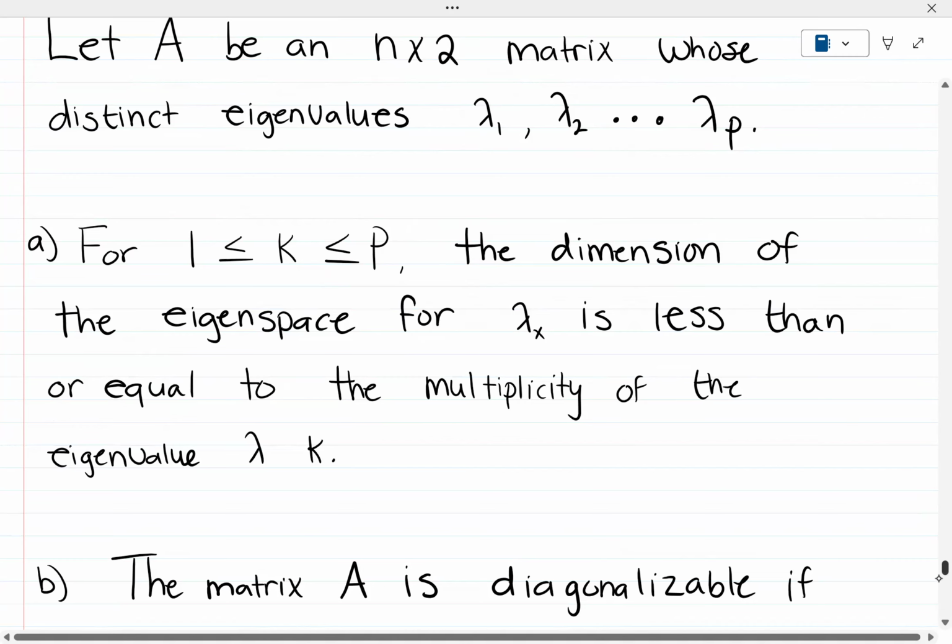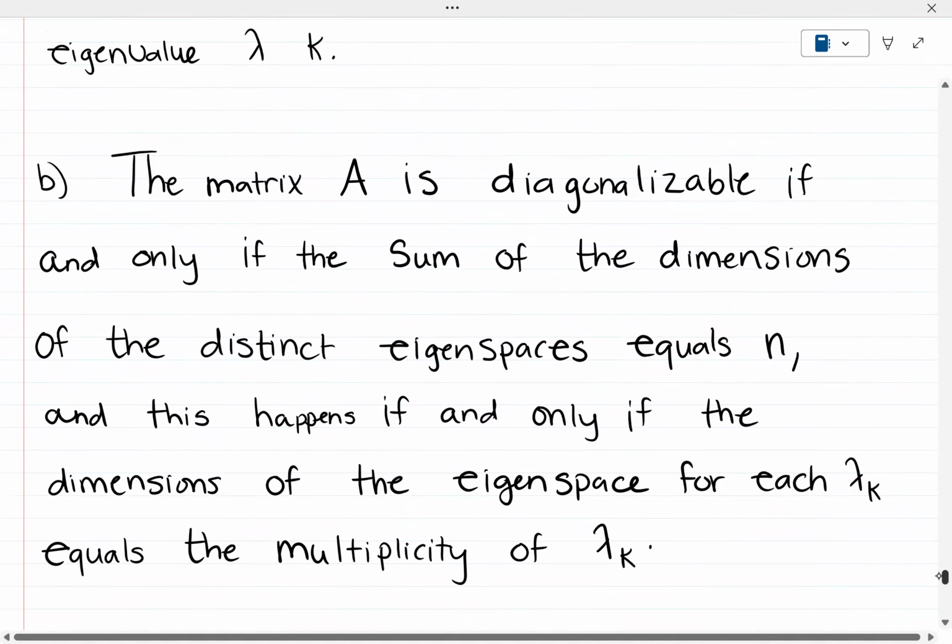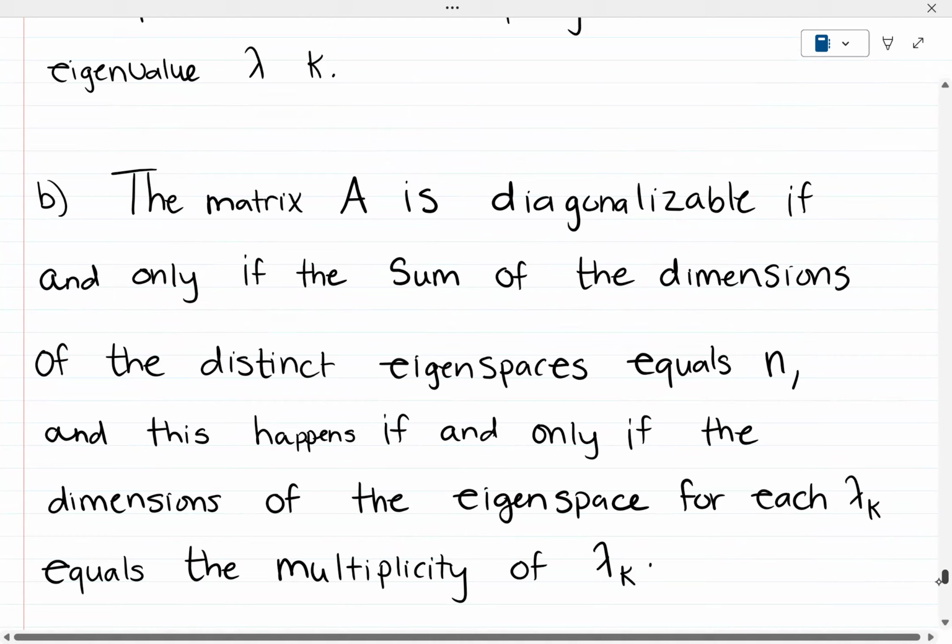And then the second part, part B, says the matrix A is diagonalizable if and only if the sum of the dimensions of the distinct eigenspaces equals n, and this happens if and only if the dimension of the eigenspace for each lambda k equals the multiplicity of lambda k.